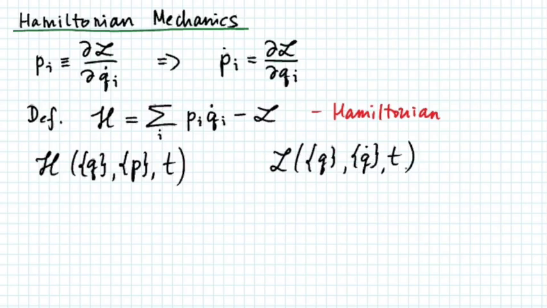So our job is to substitute variables and get rid of velocities, q dots. To do that, we can write generalized velocities from the definition of generalized momentum and express generalized velocities in terms of generalized coordinates and momenta.